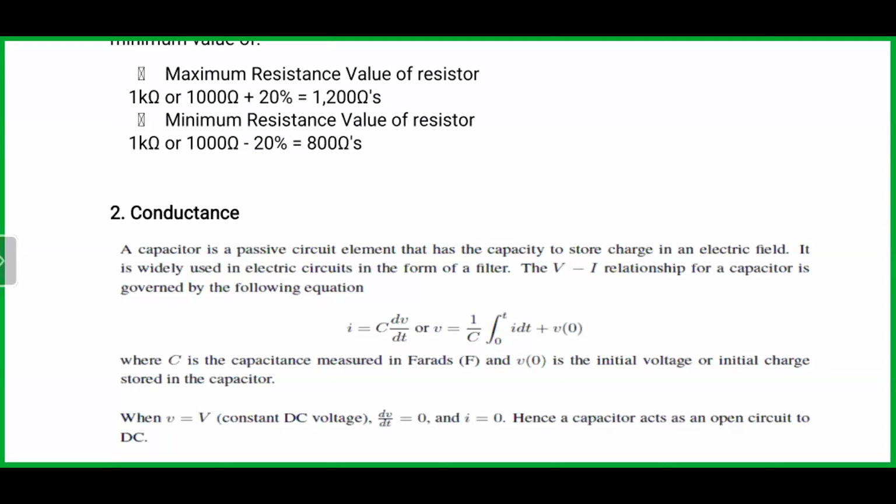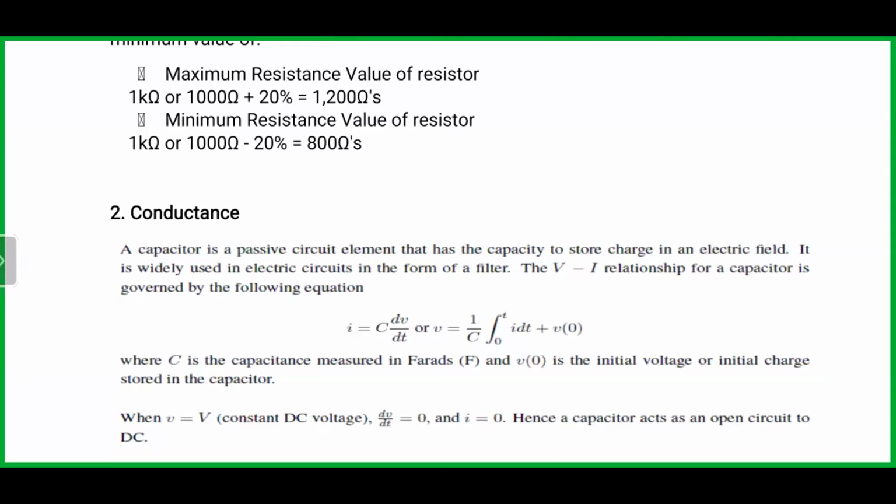It is widely used in electric circuits in the form of filters. The voltage to current relationship for a capacitor is governed by the following equation. This is the equation for voltage to capacitance, or current to capacitance. Whilst current is constant, the capacitance changes with respect to voltage.